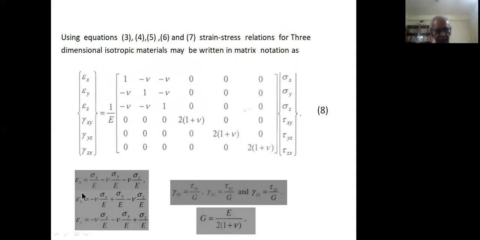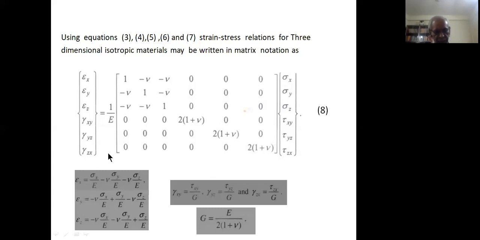If you look at epsilon x, with E taken out, 1 by E, you have got sigma x only, so you have got only 1. And the rest of the parts, since E is taken out, are minus nu and minus nu. So this equation is followed here step by step.